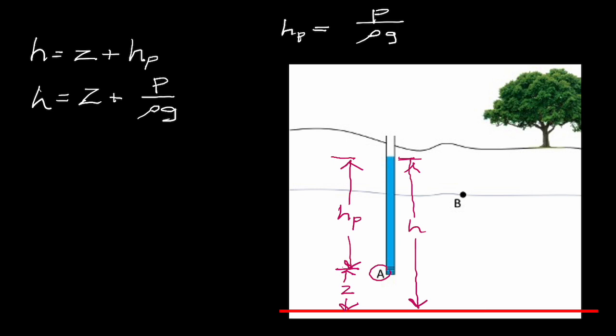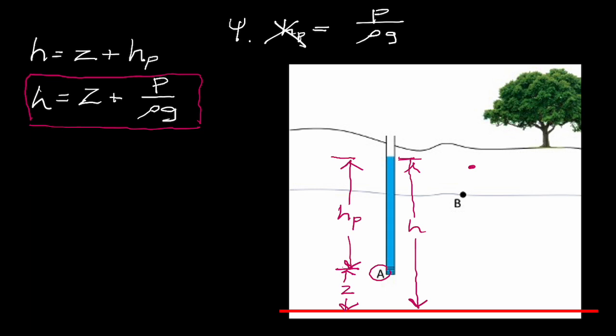Now, in the soil zone, for example, right over here, if we wanted to do that same thing, this exact equation still applies, right? This thing is still valid. The only difference in the soil zone is that we don't define the pressure head as H sub P. We instead define it as the matric potential psi.